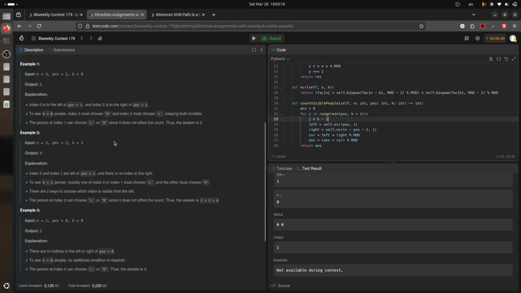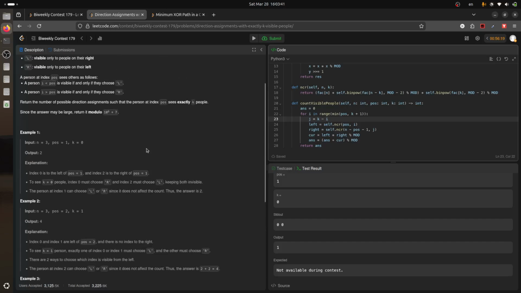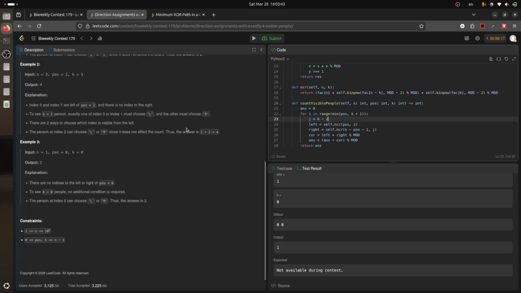Well, let's say we choose this L, right, to see. Person 1 doesn't affect it, so the person can choose anything. So it's always times 2.